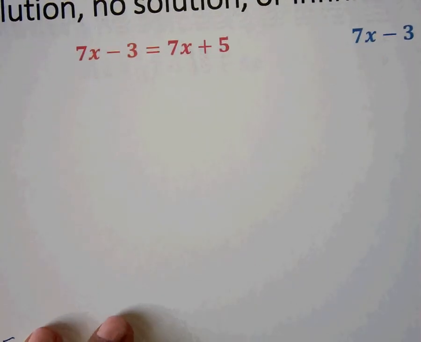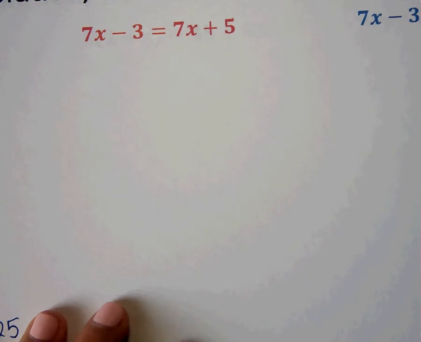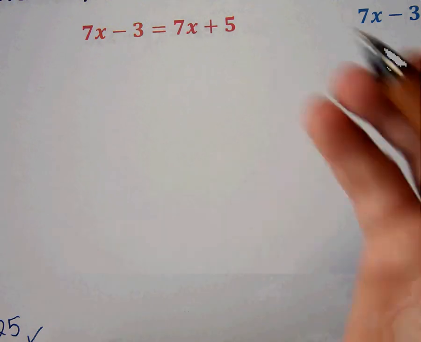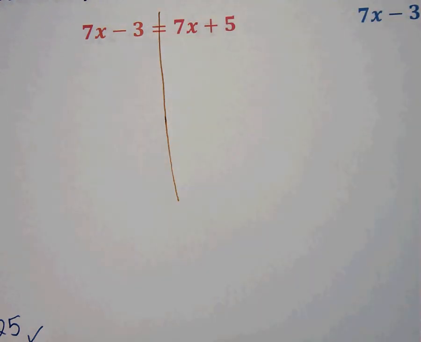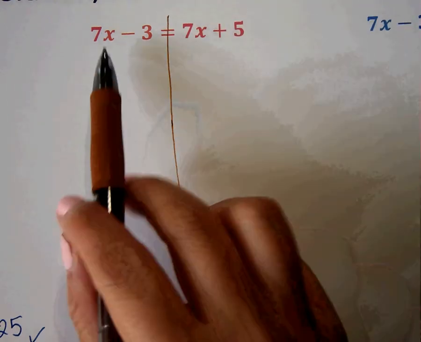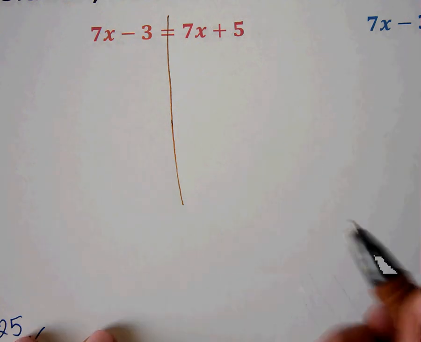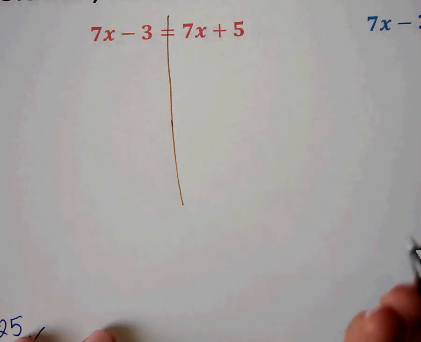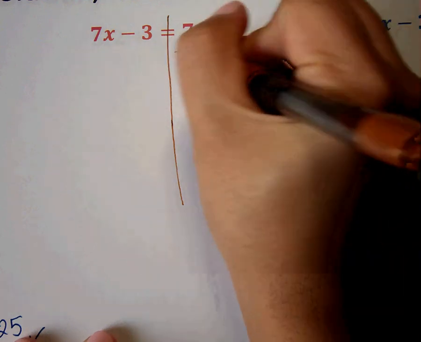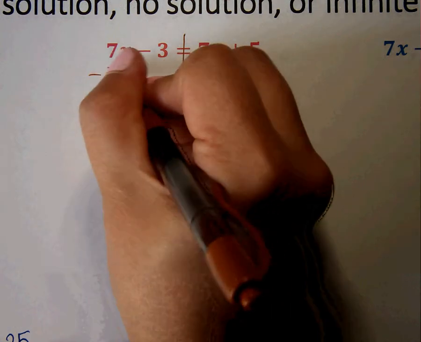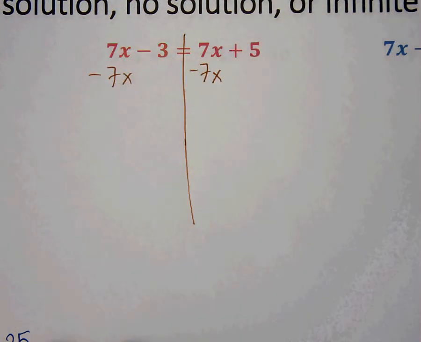Example number 2. We have 7x minus 3 equals 7x plus 5. We're going to start the same way. Well, we see 7x and 7x on both sides, so when they're the same, we just need to get rid of one of them, right? So let's see, if I subtract 7x on the right side, I have to do the same to the left side because they're equal, right?